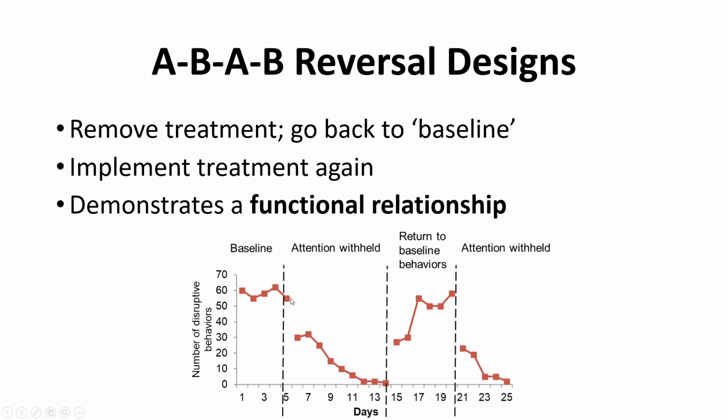By having this nice lineup where every time we have a phase line, every time we have that shift in treatment, there's that adjusting in behavior, we could be a lot more confident that our treatment, being present or absent, is what's causing the changes in that behavior. So this allows us to then demonstrate a functional relationship. We can assume a causal relationship between the treatment and the change in our behavior.